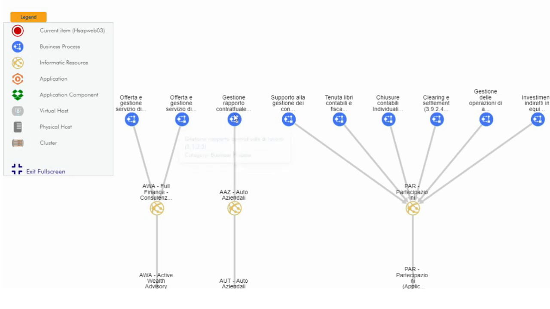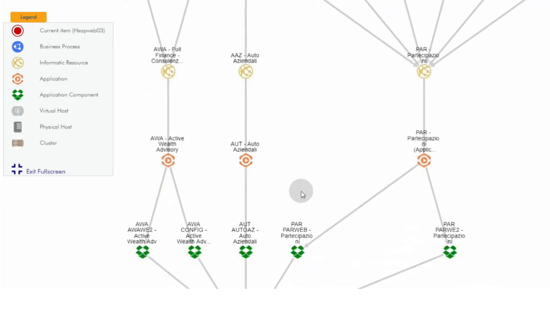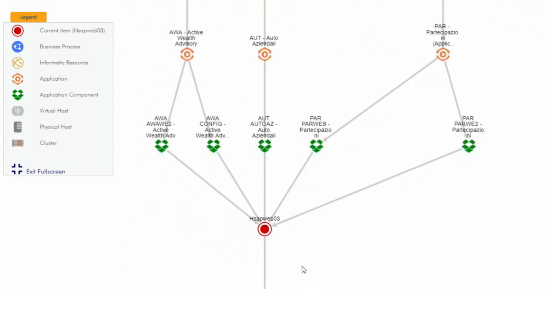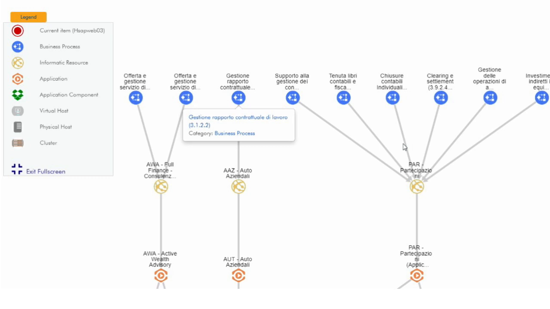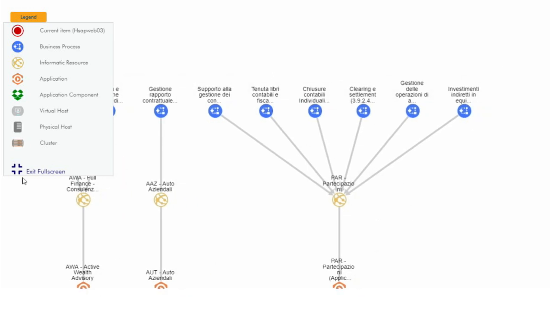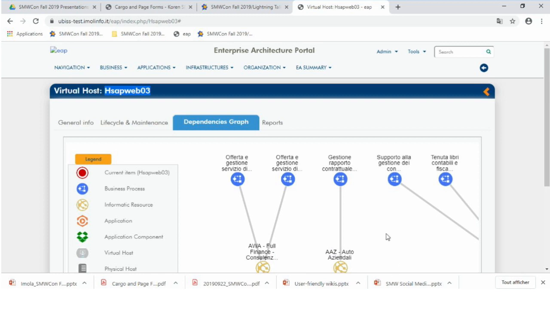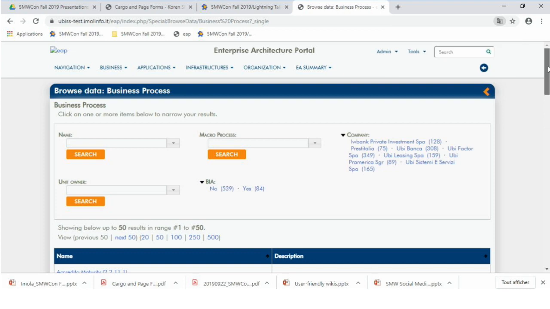So a business process involves this informatic resource that is composed of the application, by application components, down to the infrastructure. So I can discover that if this host goes down, it has an impact on all these business processes. And with a graph visualization, it's immediate to understand. And this is a typical request from our clients when we talk about IT governance, for example.